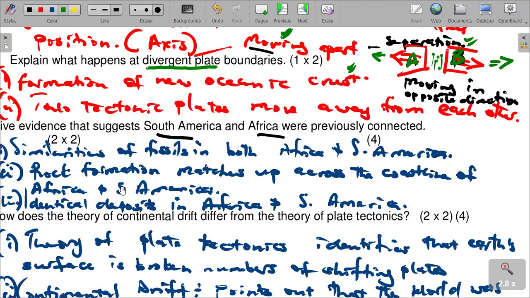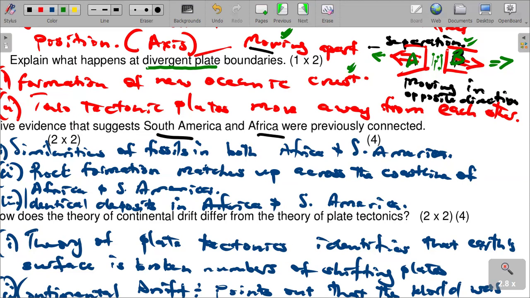So we need to understand geological similarities, for example, similarities of fossils. Fossils found in both Africa and America are similar. They identify that these fossils were formed under similar conditions, meaning they look alike.